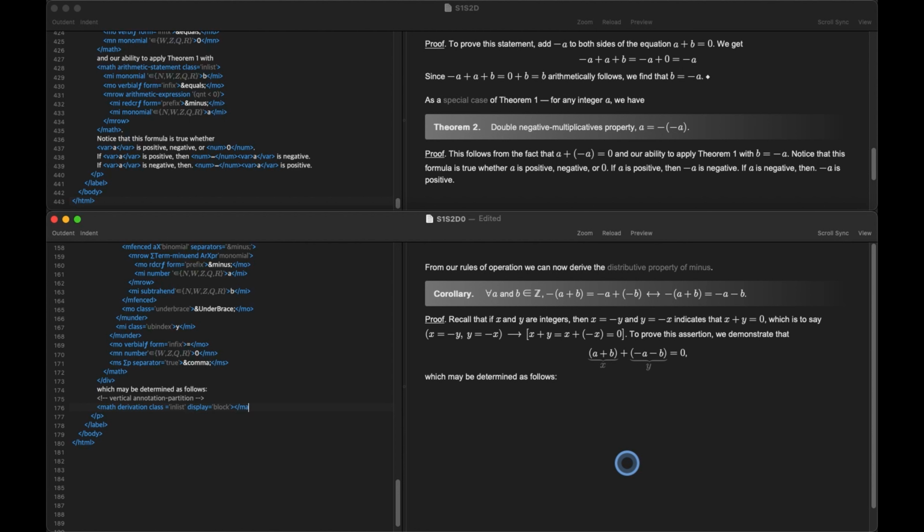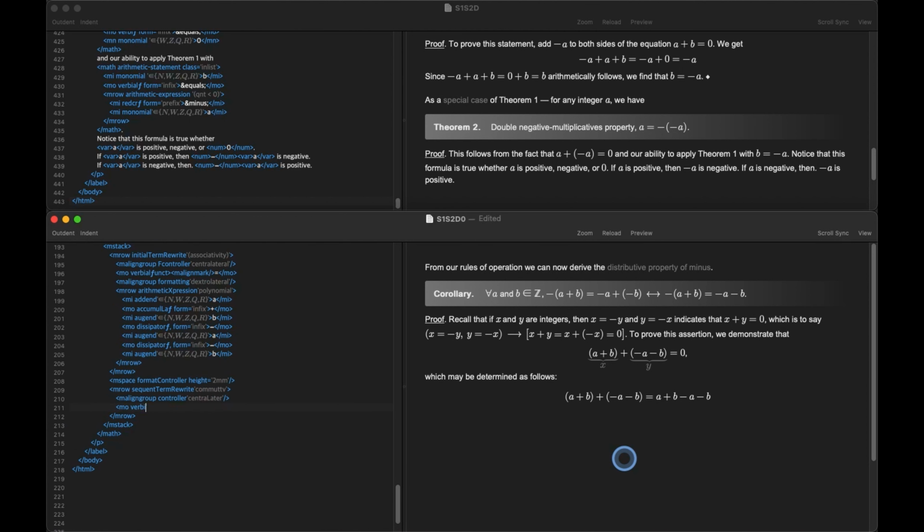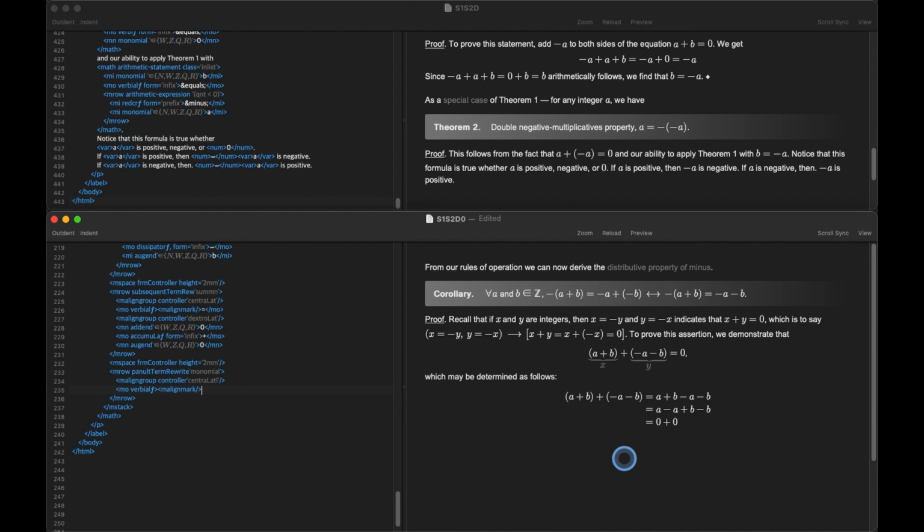Next, we can remove the parentheses by associativity. Then we can group like variables by commutativity, and after performing the correct subtractions, we end up with 0 plus 0, which equals 0.